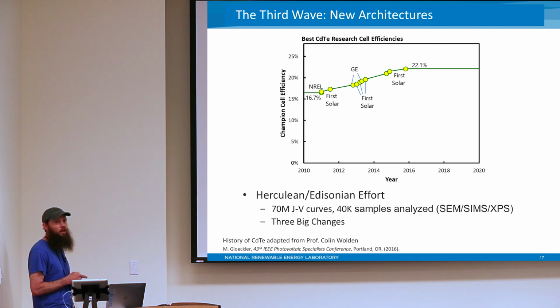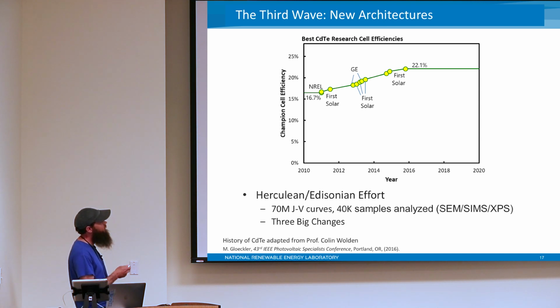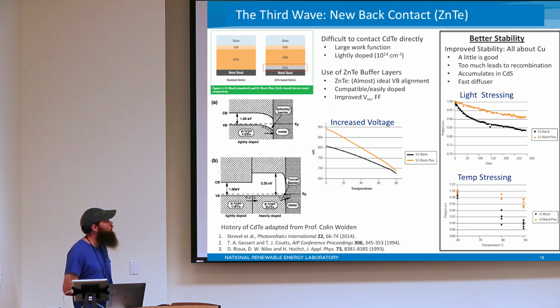Over 70 million current voltage curves and 40,000 samples analyzed via much more complicated characterization to try understanding what's going on. And the result of these can largely be described in 3 big changes.